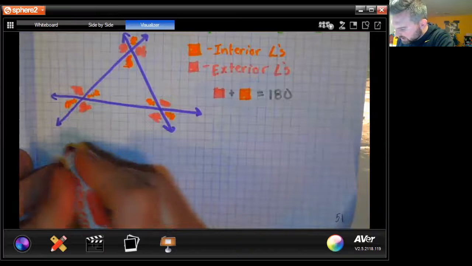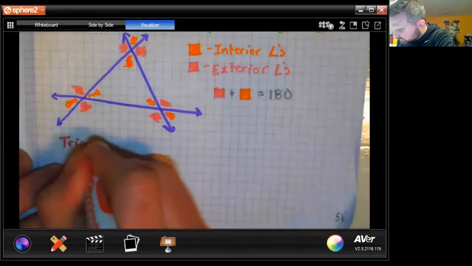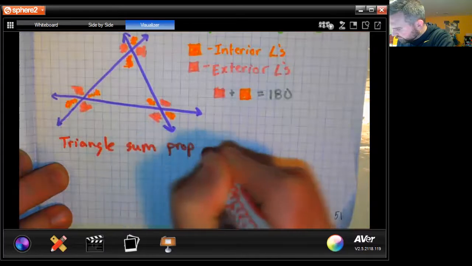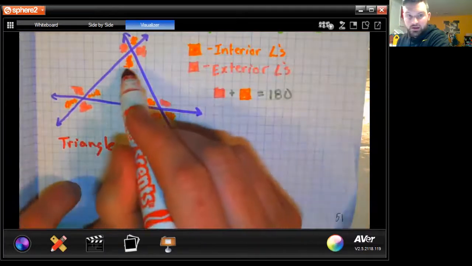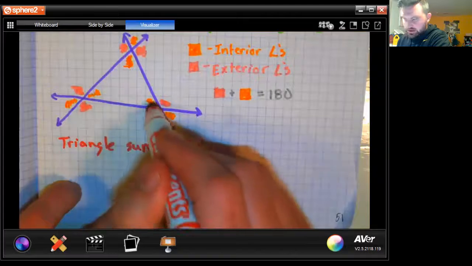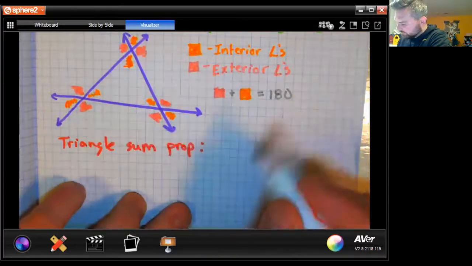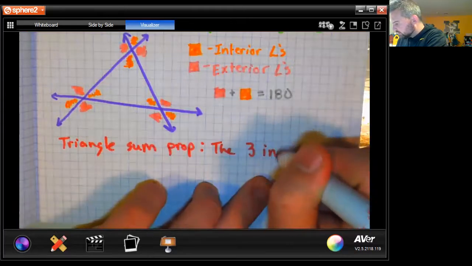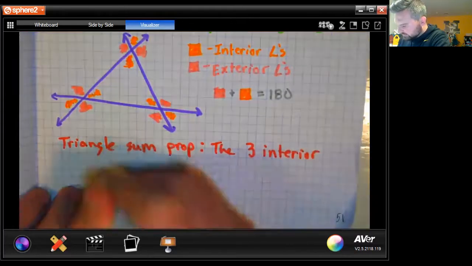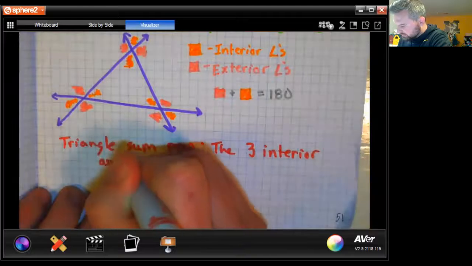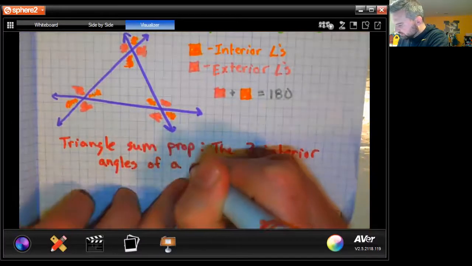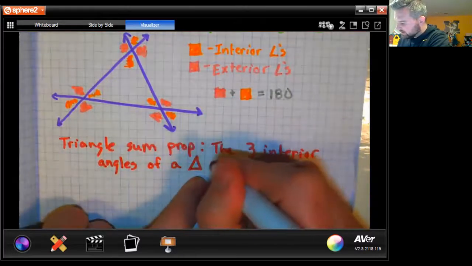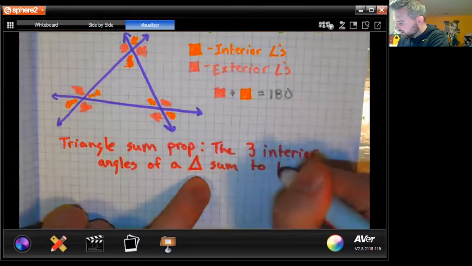We have the triangle sum property. Okay, and that says that the three interior angles of a triangle equal 180. So the three interior angles of a triangle sum to 180.